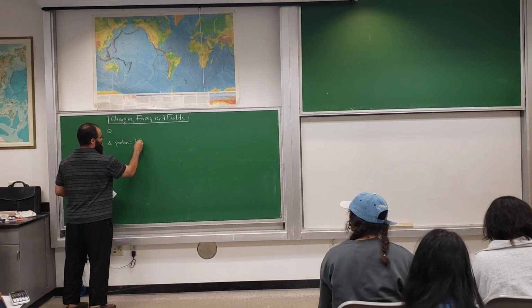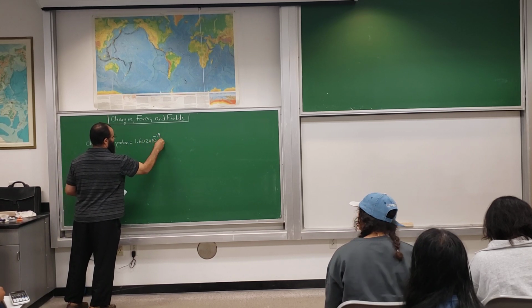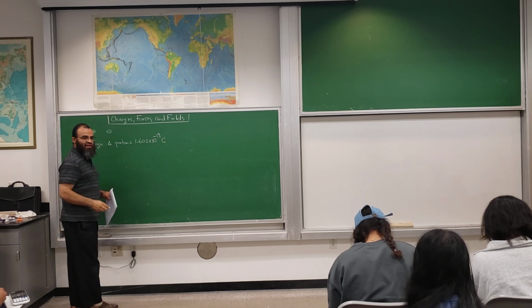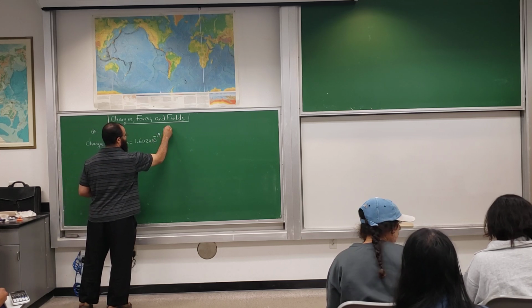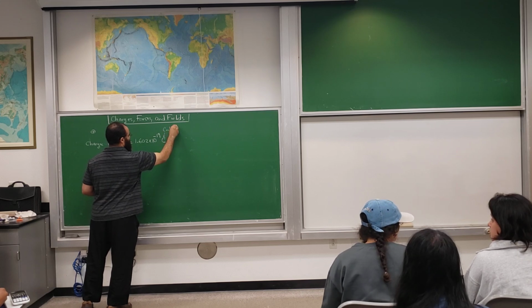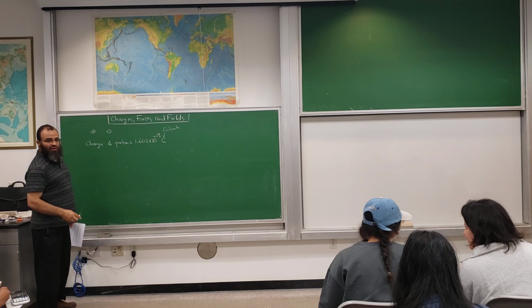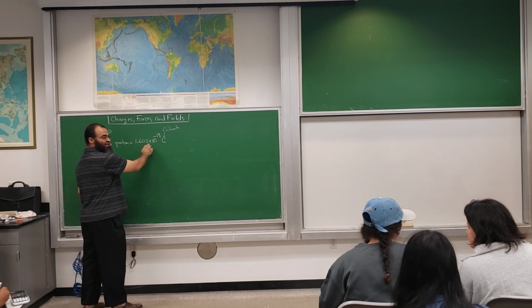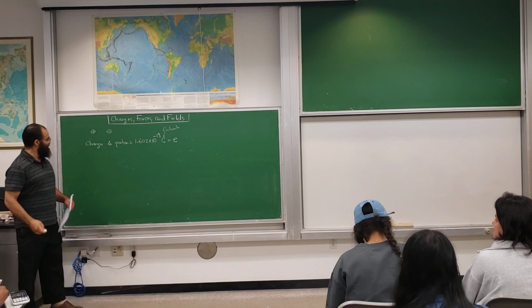It's 1.602 times 10 to the minus 19 C. C is Coulomb.